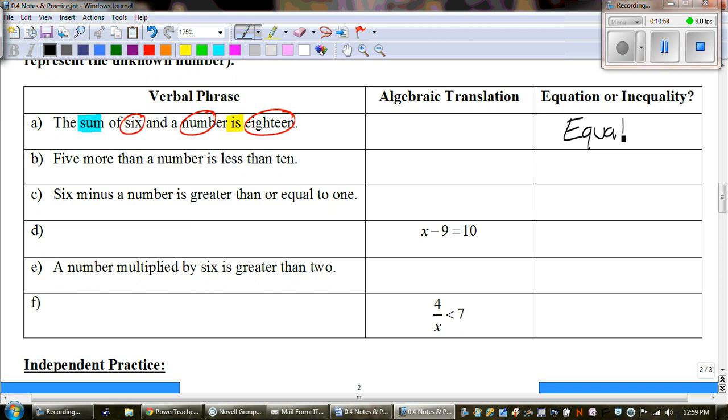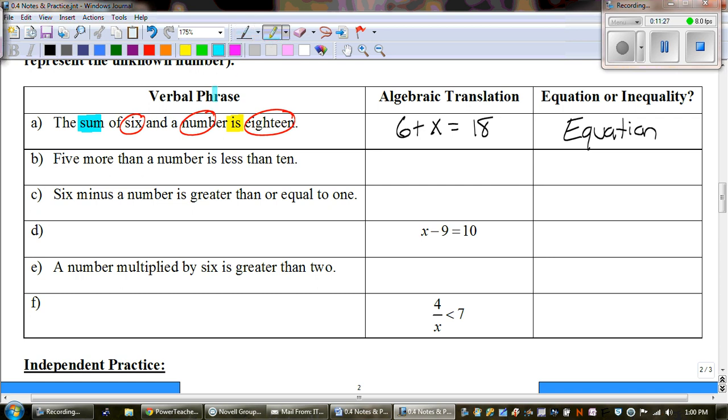Hopefully you're saying equation right away. Well, because the word is means equal. Okay. So sum means that we're adding. We're taking the sum of 6 and a number, and that is 18. Okay. So the sum of 6 and a number is 18.